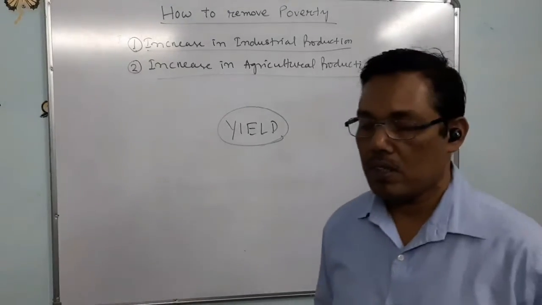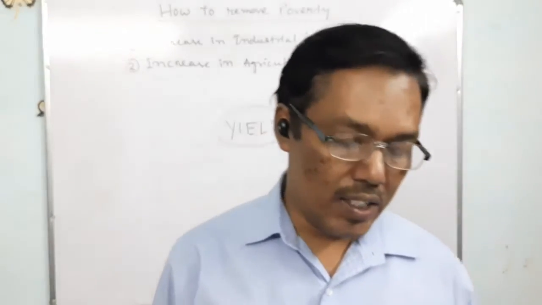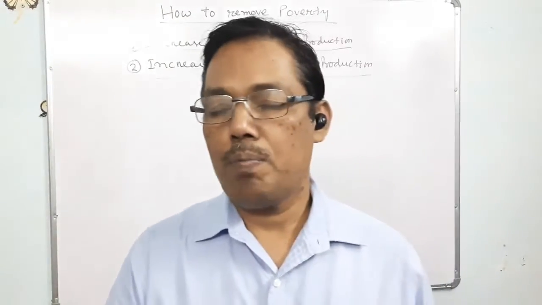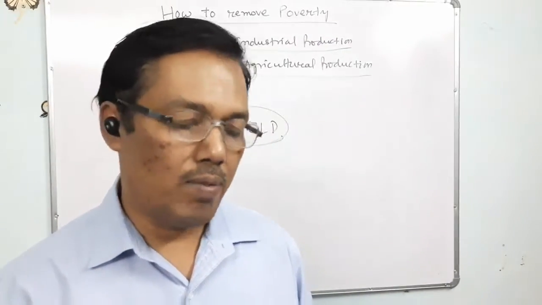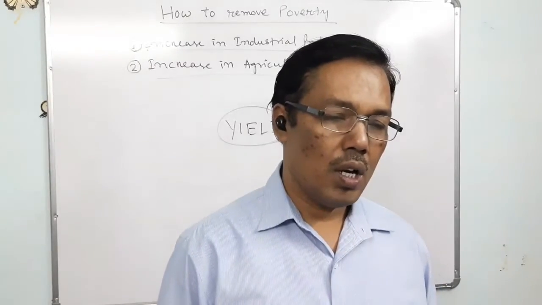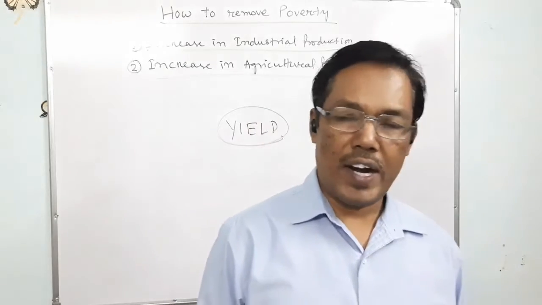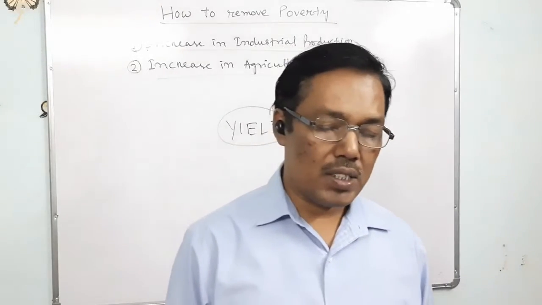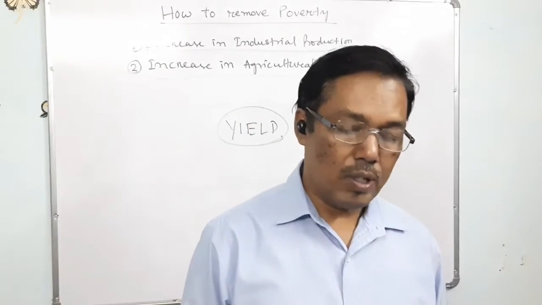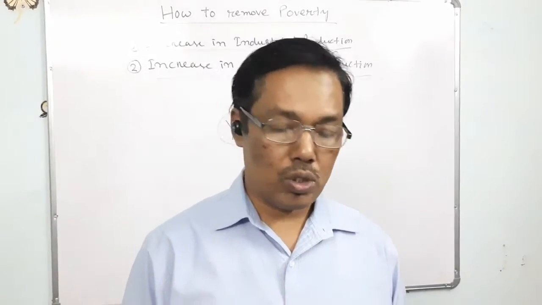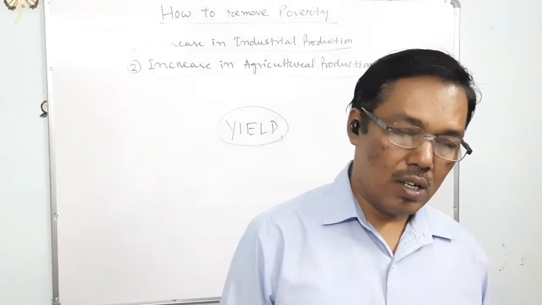Think for yourself. That is one kind of survey, because you have to go to the rural areas and see what problems are being faced by the rural workers or rural laborers. And you have also read in the newspaper that some farmers are committing suicide because they are not getting proper output, proper production in the agriculture field.